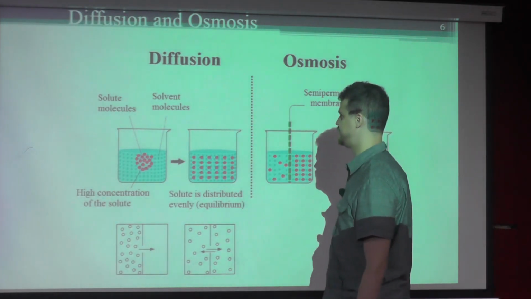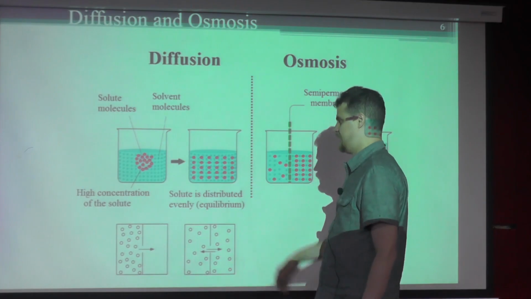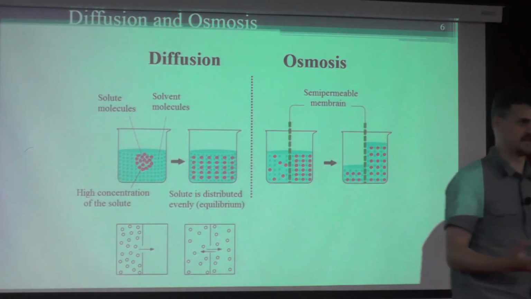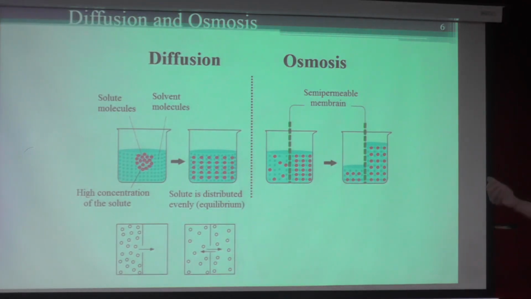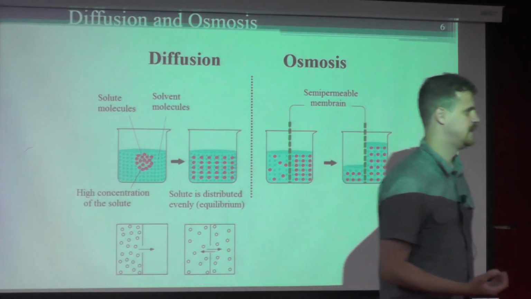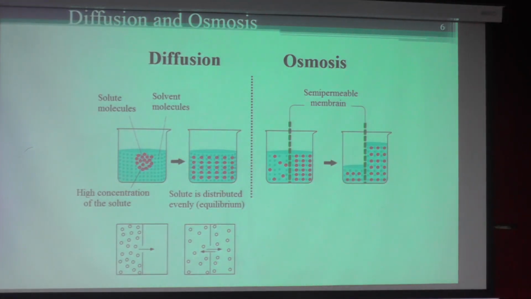So diffusion, in case of dialysis, is the pace of transport of the small-sized molecules through the semi-permeable membrane that can be described by Fick's laws. I think that you already encountered that equation at some point.